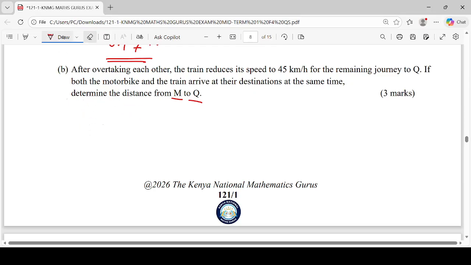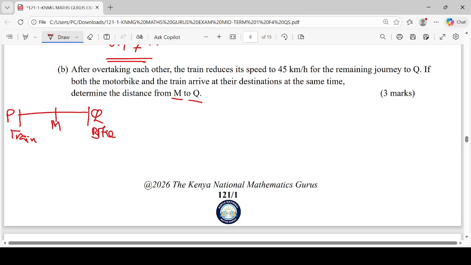Let's have again our sketch here. I told you that with math, once you sketch, you are half done. PQ, this is a train, this is a motorbike. We have a point M here.